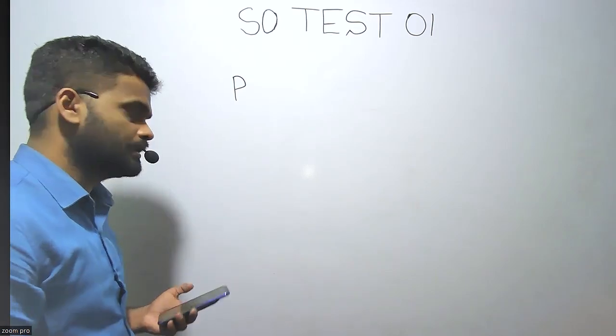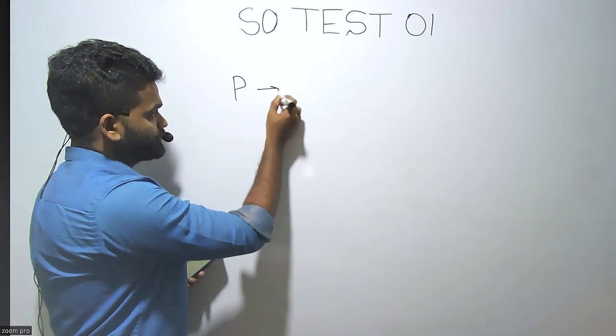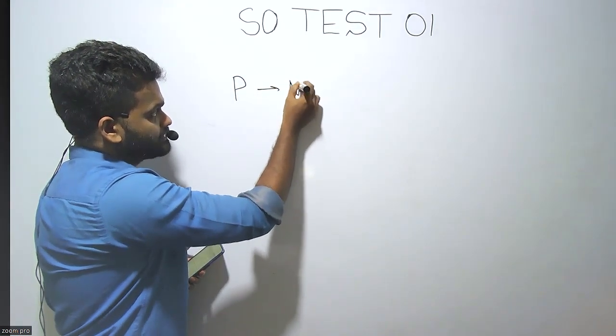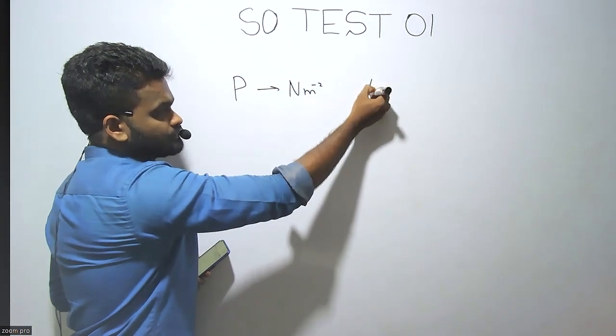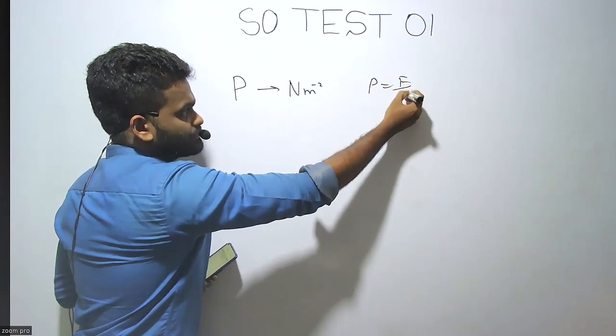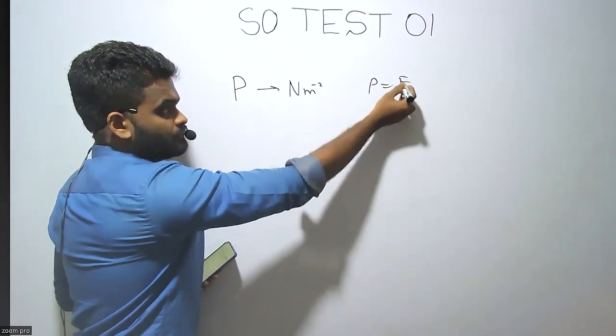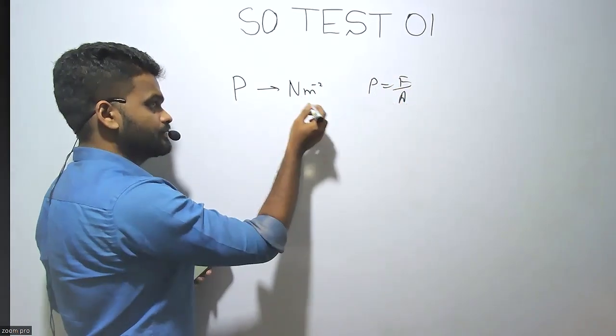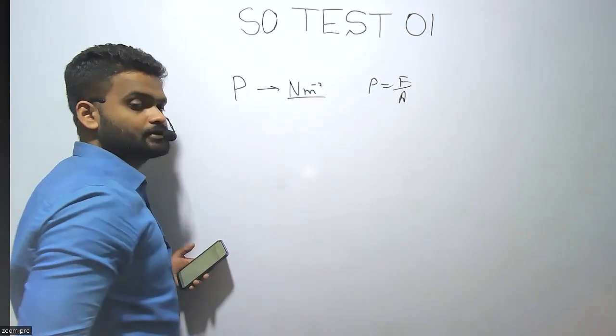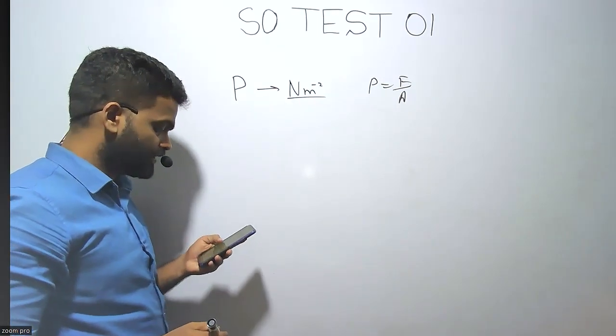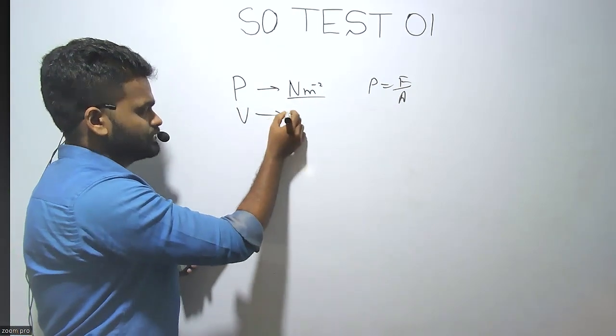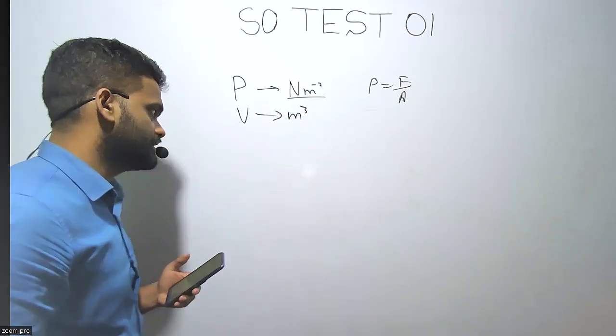In O level as well, you know the units of pressure. That is newtons per square meter, because pressure is force divided by area. Force is newton, area is square meters. So if you divide it, you get newtons per square meter for pressure. Then volume is obviously cubic meters.